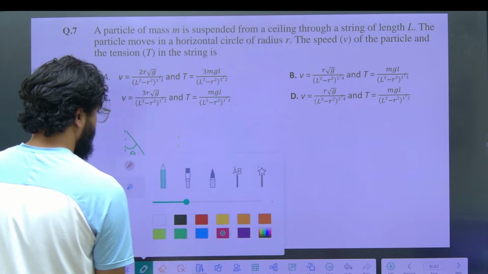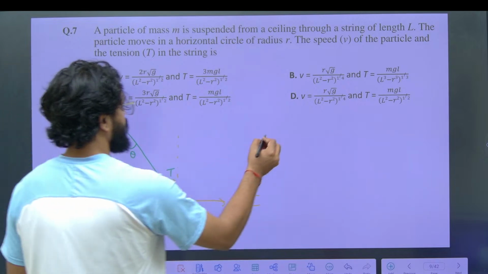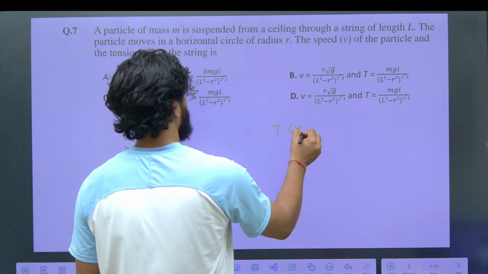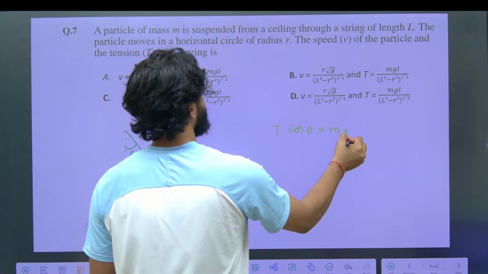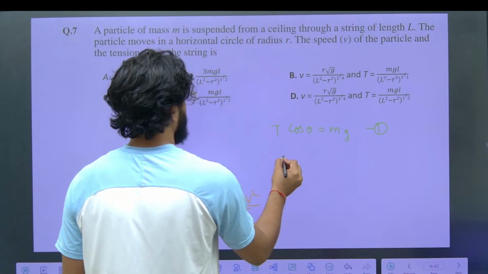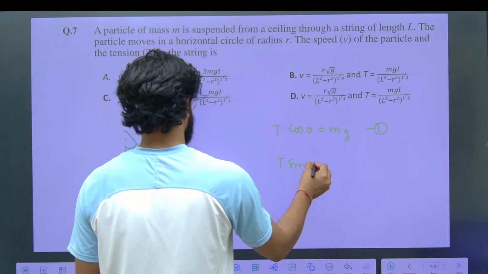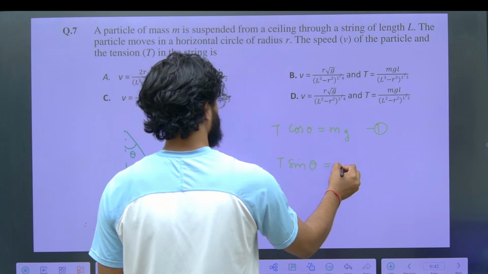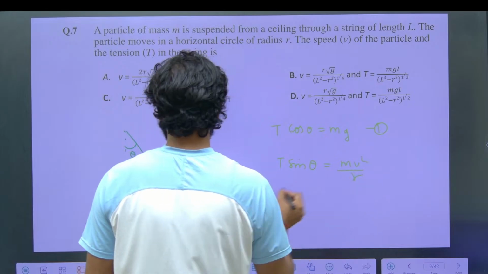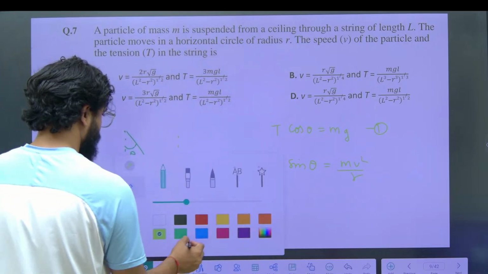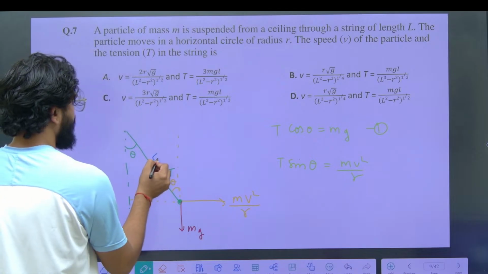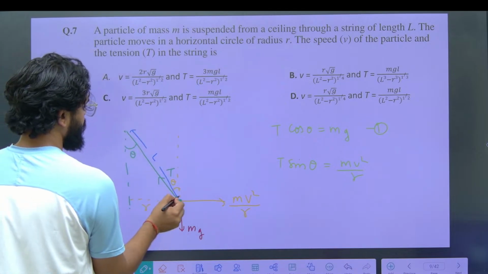So we can write T cos theta equals to mg, first equation, and T sin theta equals to mv square by r. Remember, L is also given over here, right? L is also given over here, correct?